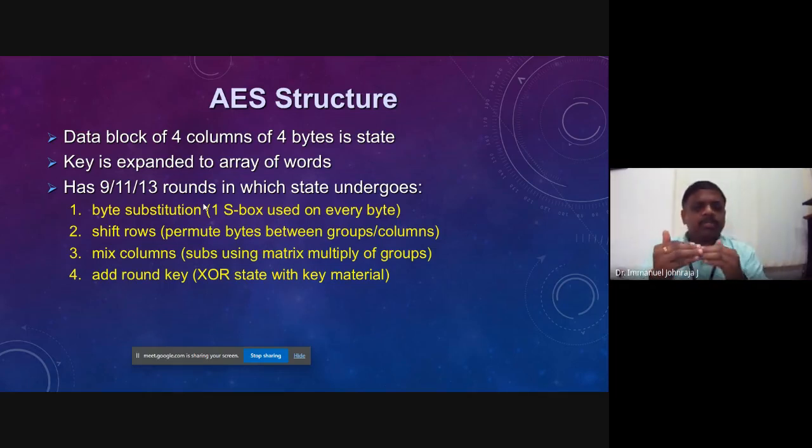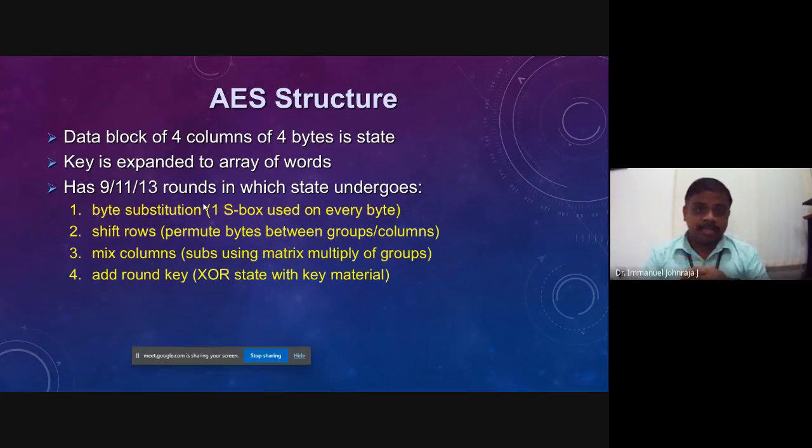And the output is going for shift rows. You got the state which has got 4 rows. The rows are shifted. This is just to place the values in different places. So the data in the second row, first column may be placed in the second row, third column, and so on. Within the row, it is shifted.